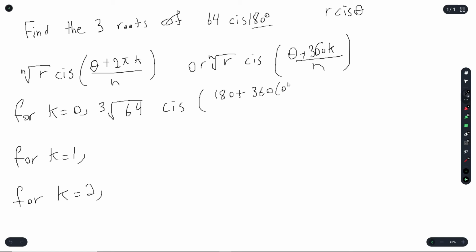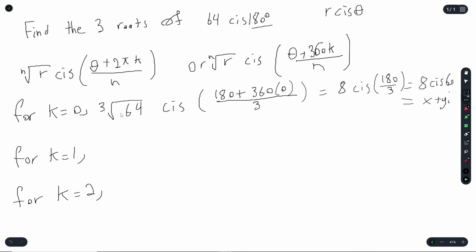K is 0, over n, which is 3, so it will be 8 cis 180 over 3, so it's 8 cis 60, and you can write it in rectangular form using the calculator.